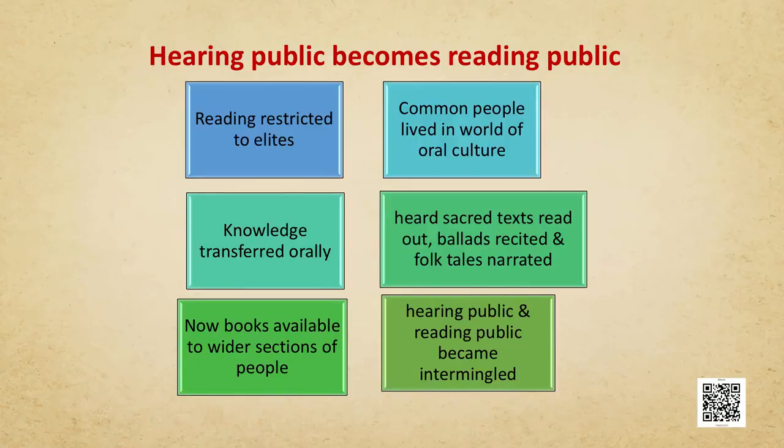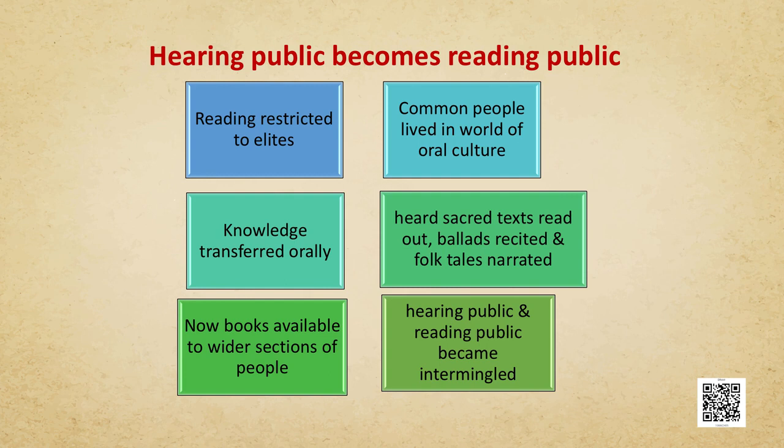Now, it is time to understand how the hearing public became the reading public in Europe. First of all, reading was restricted to elites because books were not easily available to the general public.